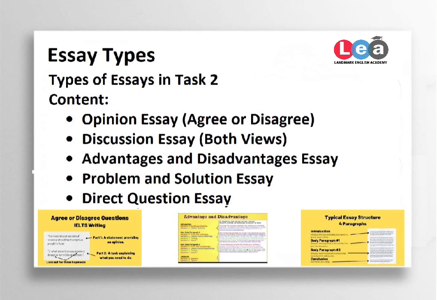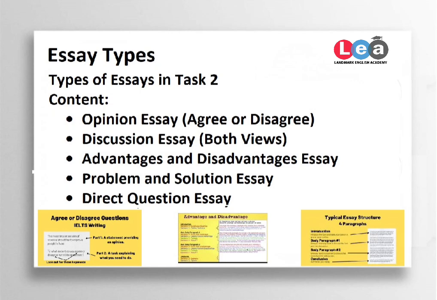Then the fourth type will be problem and solution essay. It can be related to any societal issue, crime, obesity, pollution, anything. They can directly ask you what are the problems caused by it and how it can be resolved. In this question type, they can also ask you the reason why this is happening, how it can be resolved, how it is affecting the society.